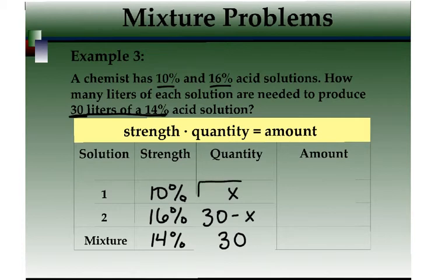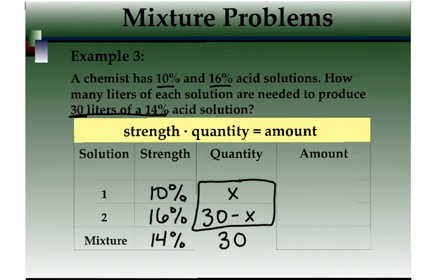So X plus 30 minus X equals 30, and that is our mixture amount down here. I hope that makes sense. Again, I will explain more in class if that doesn't.